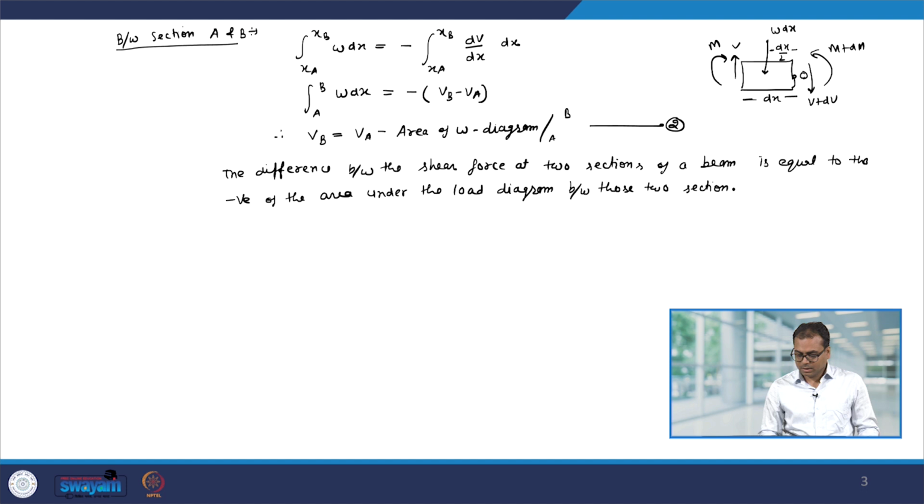So, we got the forces, now let us find out the bending moment. To find out the bending moment, let us take the moment about O.